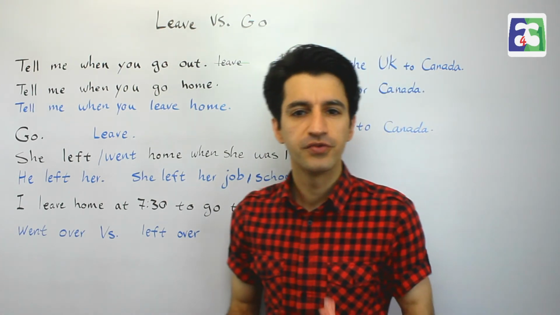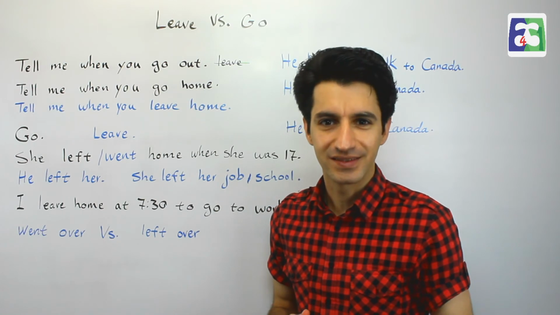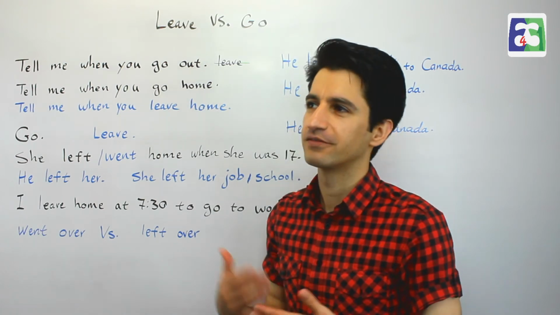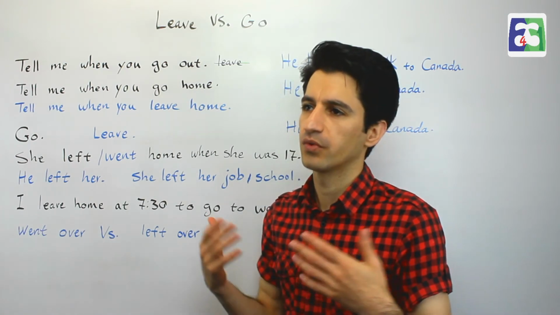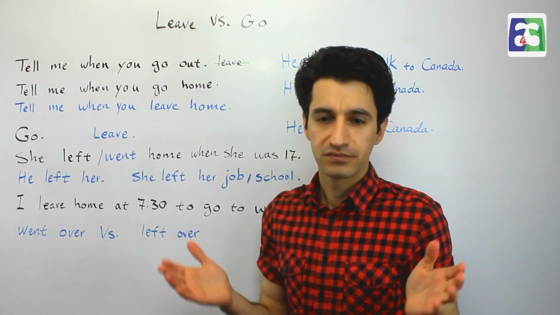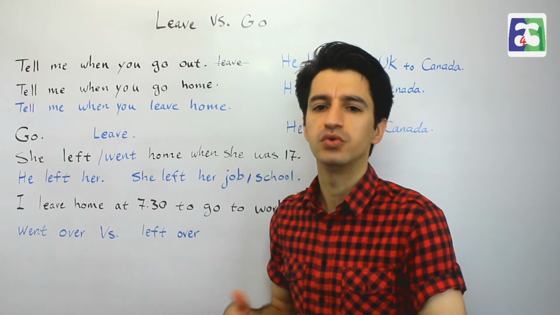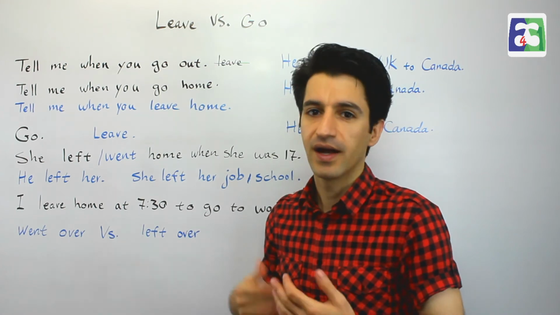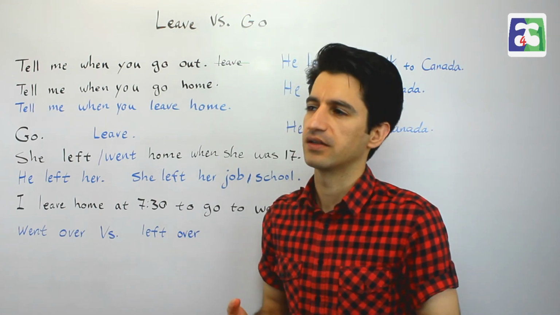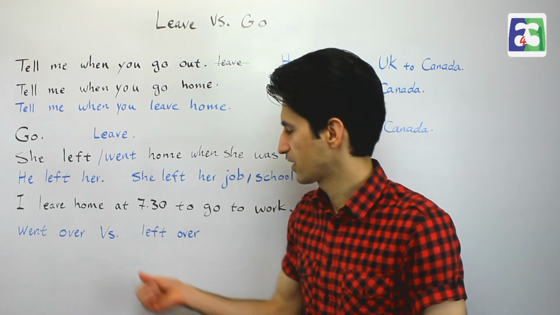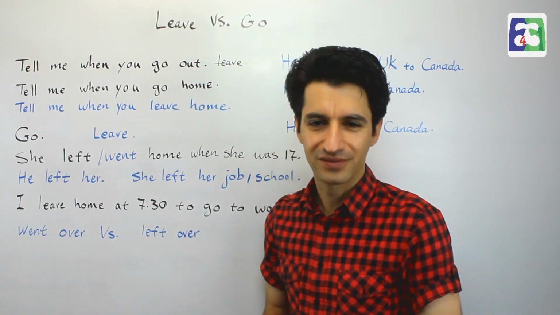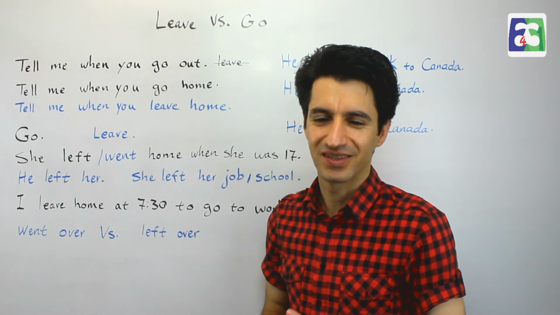Leftover is the food that you do not eat and is left from another cooking. For example, when you have dinner, some food is left and you leave it for another day and you eat that, let's say, for lunch. So that is the leftover. That kind of food is called leftover.